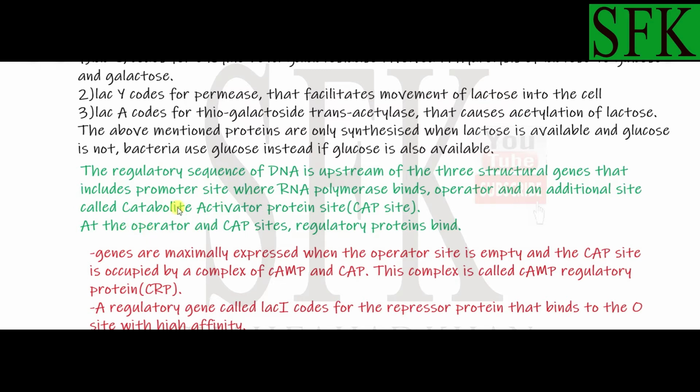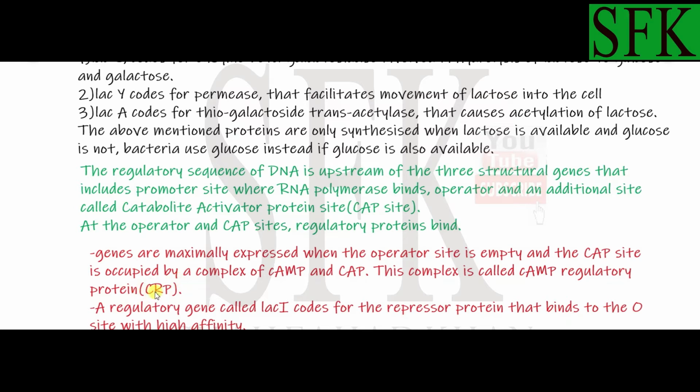At this site, catabolite activator protein, when combined with cyclic AMP, forms a complex called CRP, the cAMP regulatory protein.